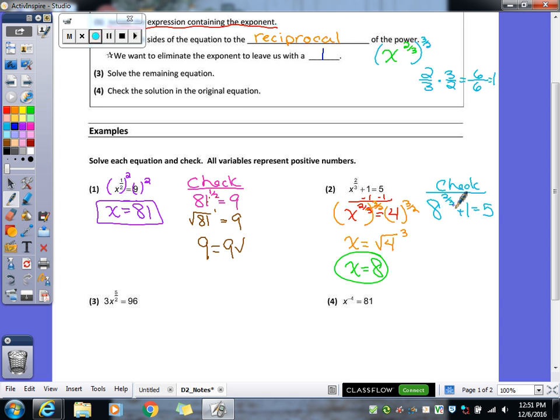Not square root. Cube root of 8 squared plus 1. So what is our cube root of 8? 2. 2 squared gives us 4. Then 4 plus 1 gives us 5. So that does work out.